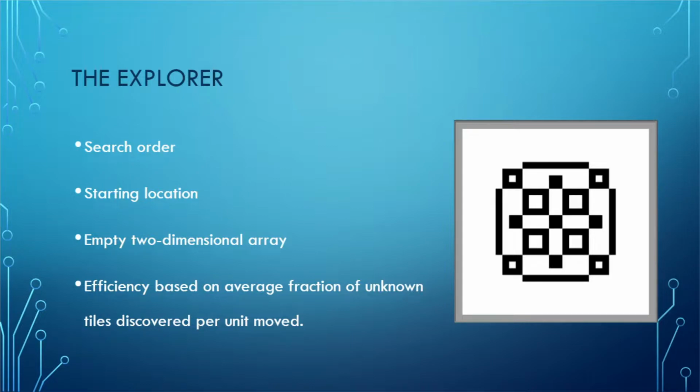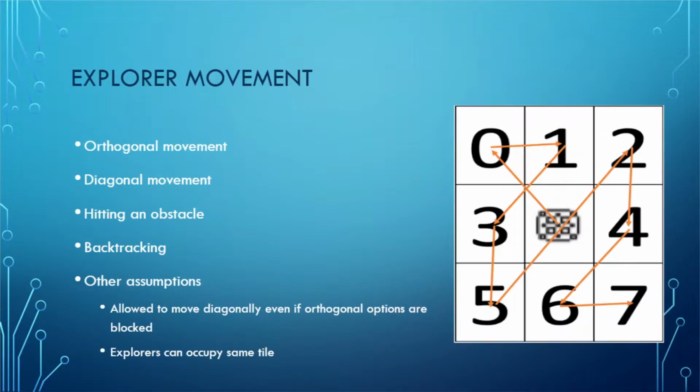When an explorer has finished mapping a maze, it gives back an efficiency based on the average fraction of unknown tiles discovered per unit moved. This is done by taking the total number of open tiles divided by the total amount of units moved. An explorer can move in 8 different directions.